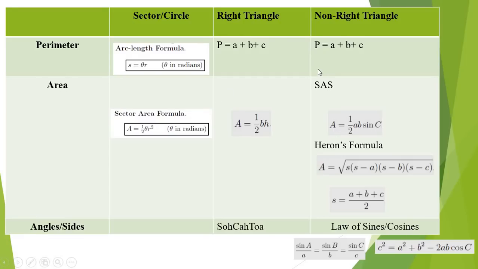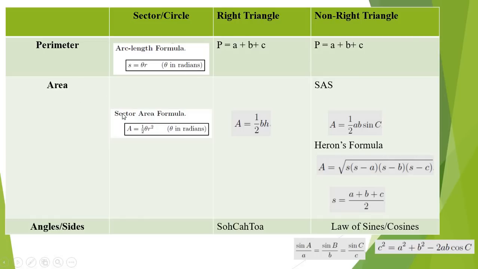Okay, now to sum up, if you want to determine the arc length or the perimeter of a sector, you simply use the formula S equals theta r, where your theta is in radians.